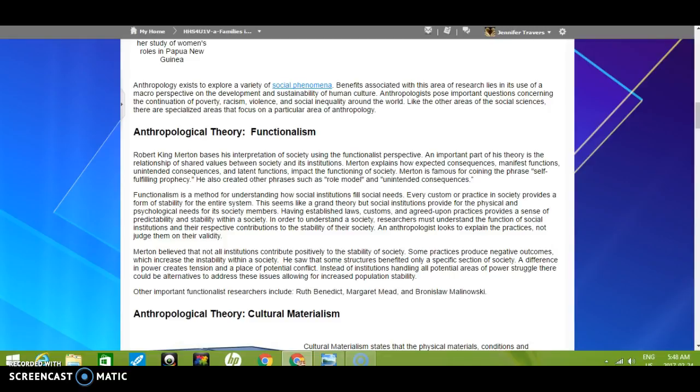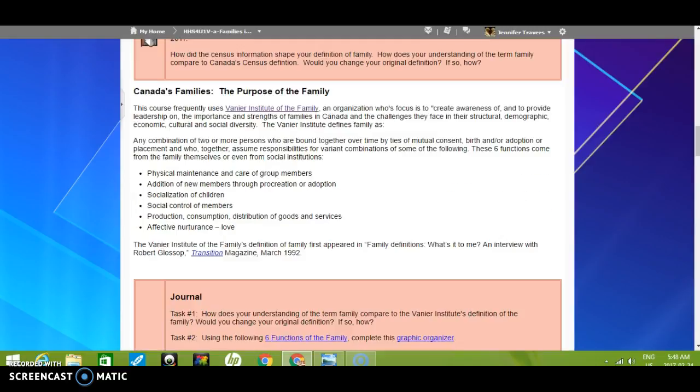When I was thinking about functionalism, it made me think of the 6 functions of the family. If a family is to be functional and to explain the purpose and intention of their practices, their beliefs, their values, I think it comes back to this.